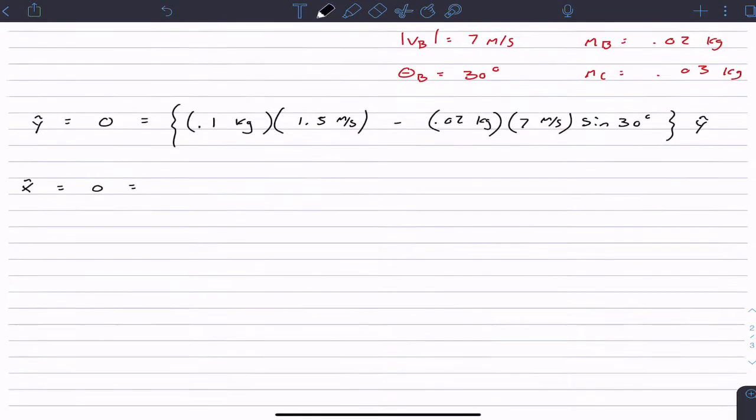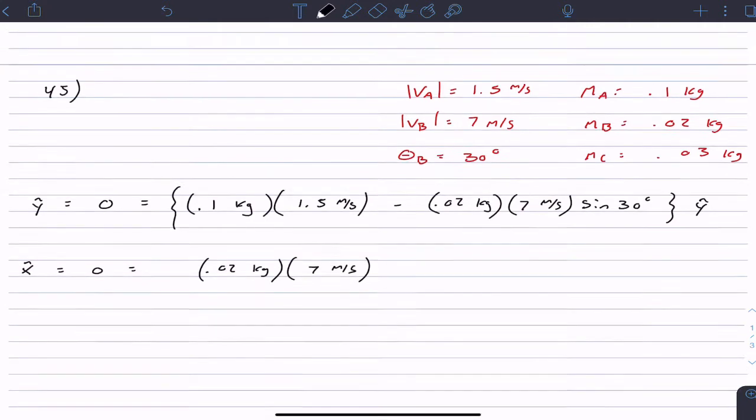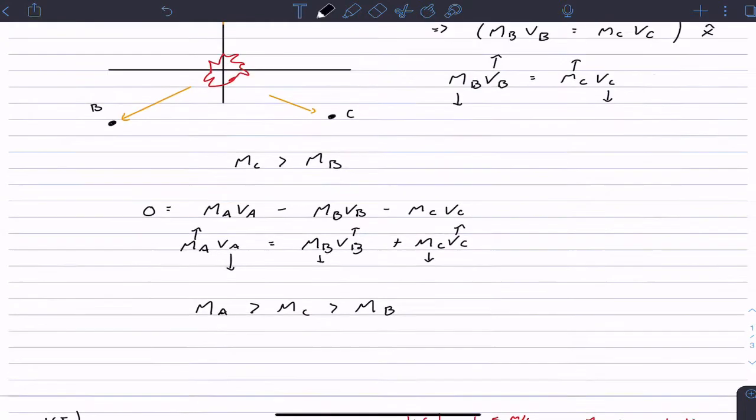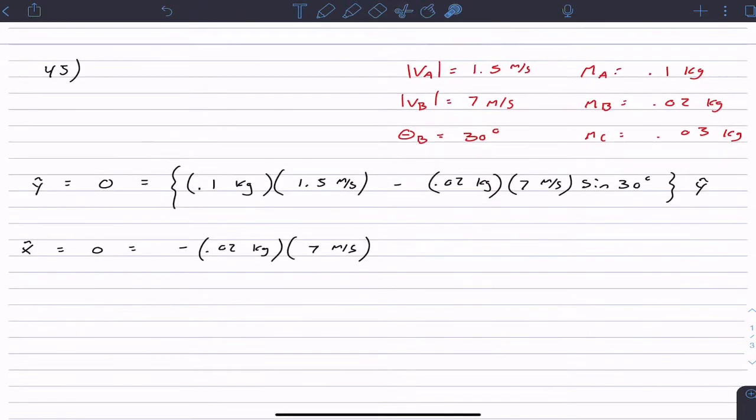So now we just plug in for B and C. So we have 0.02 kilograms times 7 meters per second, and we're talking about the x direction. So B is going in the negative x direction. It's 30 degrees below the horizontal, so it's going to be cosine 30 negative x hat.